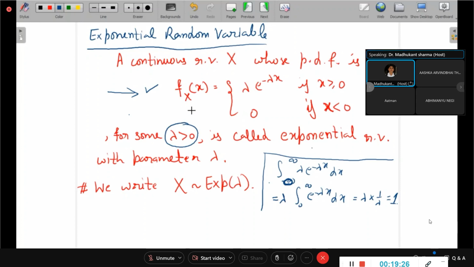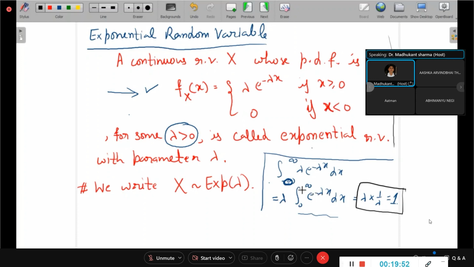This satisfies the non-negativity condition, and you can establish the normality condition, that the integration over the whole line is 1. This is a very simple exercise anyhow.